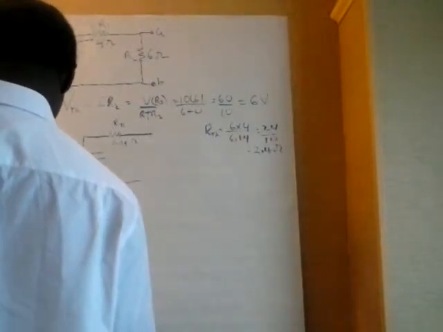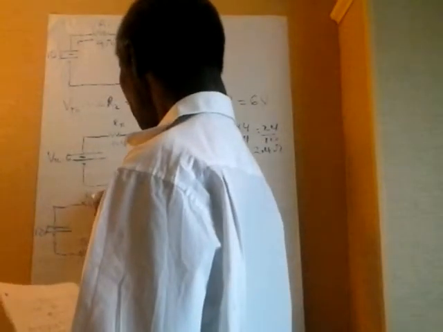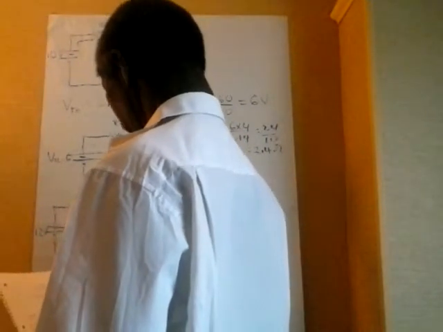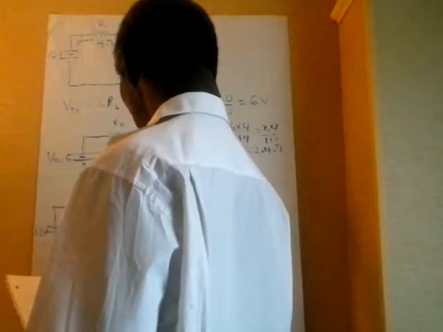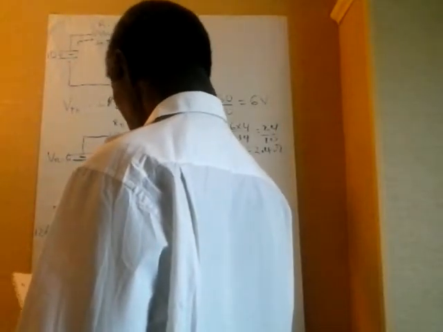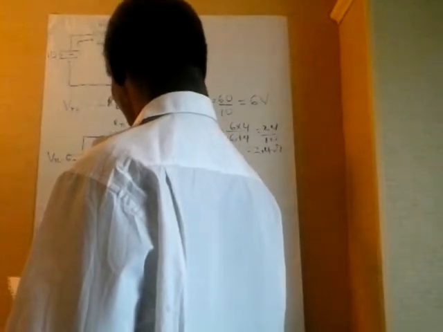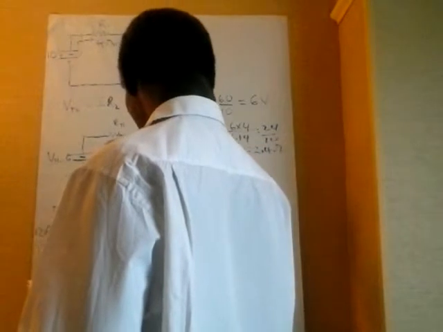This is R3, 5 ohms. This is R1, 3 ohms. And this is R2, 2 ohms. We're looking into the terminals A and B.